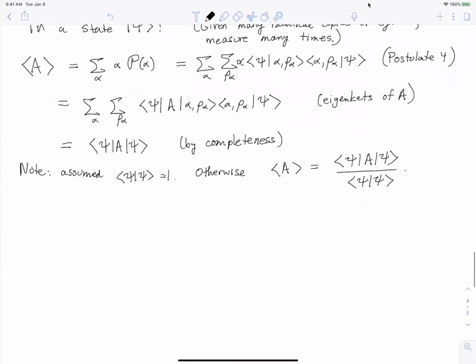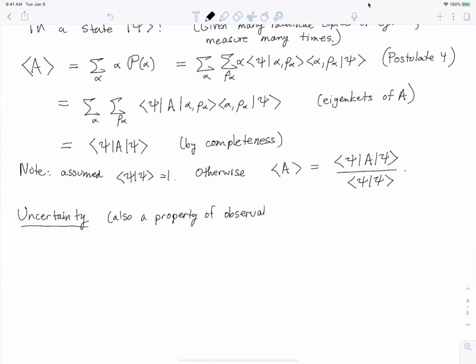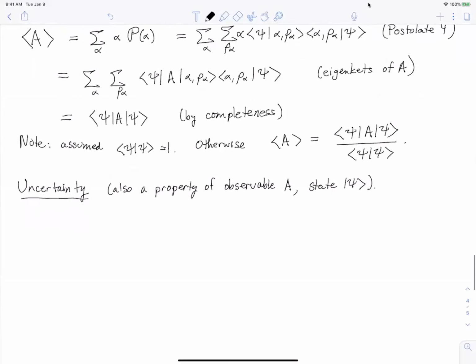Okay. All right. Then there's the concept of the uncertainty, another statistical thing that you can talk about for states and operators. So this is also a property of the observable A and the state psi that you find yourself in or that you're given. Okay, and here's its definition.